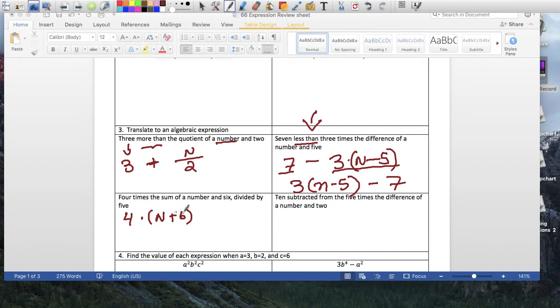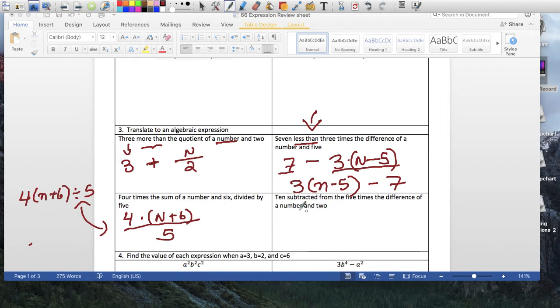So it's 4 times n plus 6, divided by 5. I'm going to use my fraction symbol, divided by 5. So that's what it looks like. But if you did write it the other way, plus 6 divided by 5, that would have been just fine too. This and this are exactly the same.